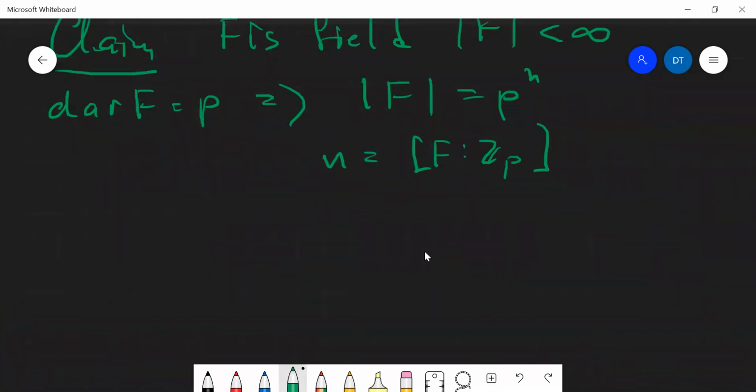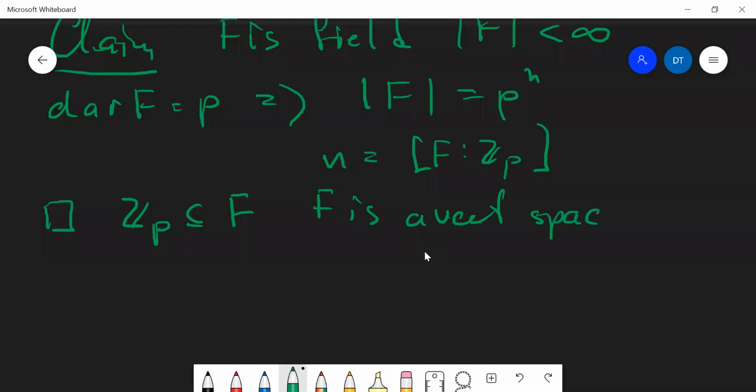So why is that? Well, from the previous claim, we know that ZP is a subfield of F. So F is a vector space over ZP. Well, it's a finite set. So since it's a finite set, it must be a finite dimensional vector space.